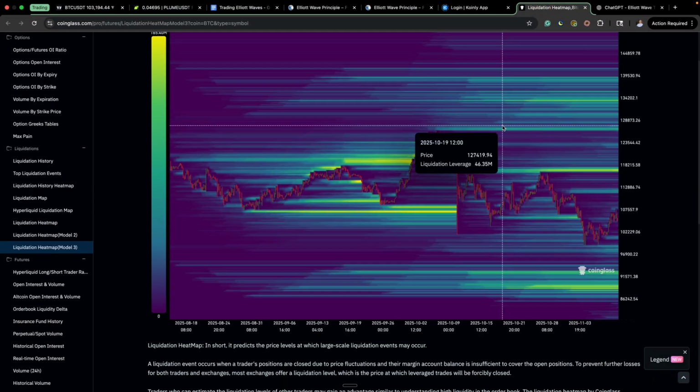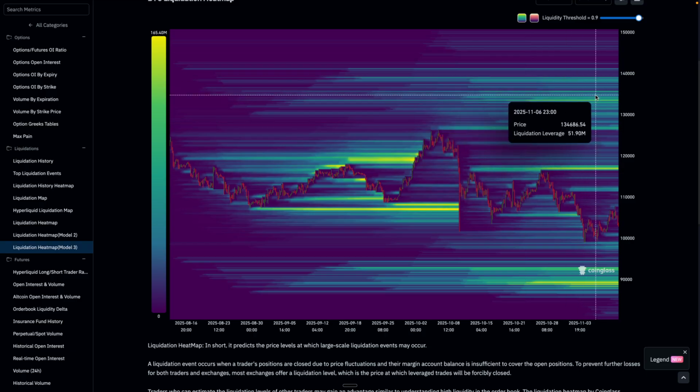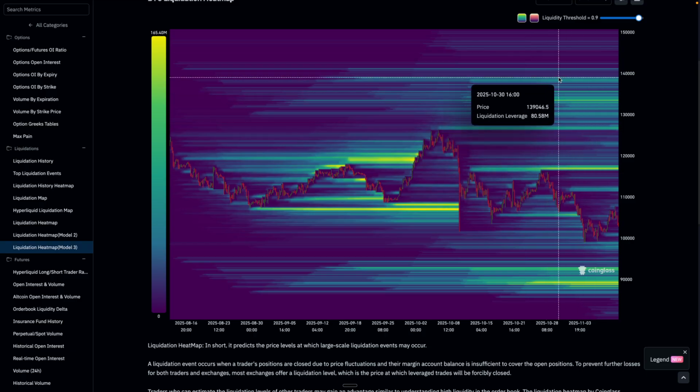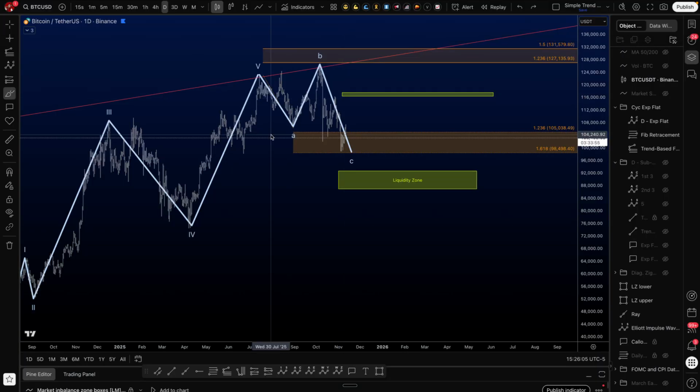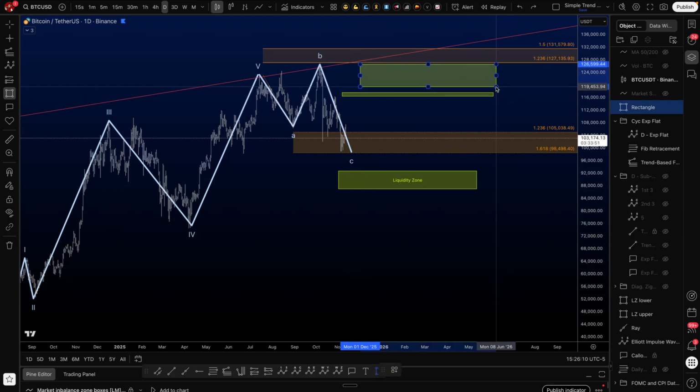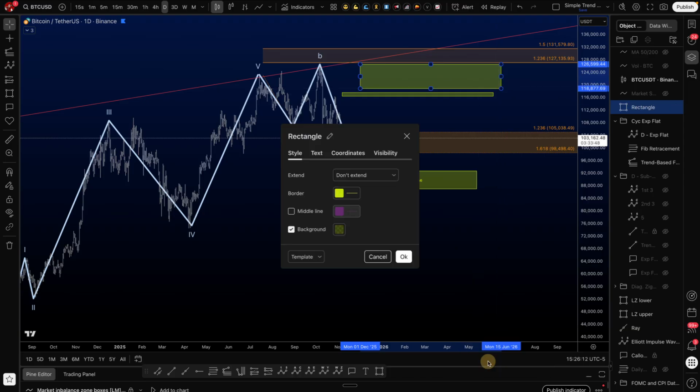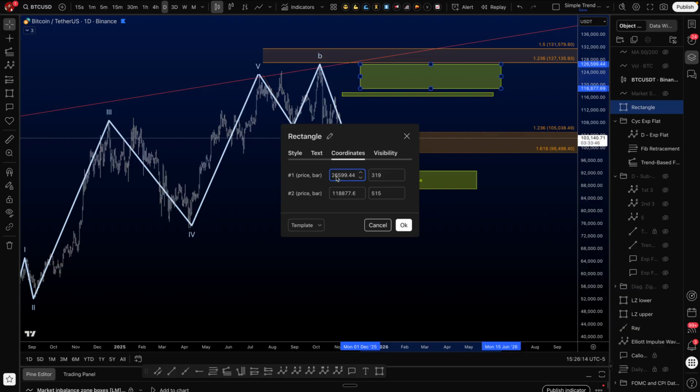Let's put that other liquidity zone. This other liquidity zone is just huge. So it's hard to say, do we want to put 139 all the way down to 126? 126 to 139? Well, let's just put it on there. $126, $139.